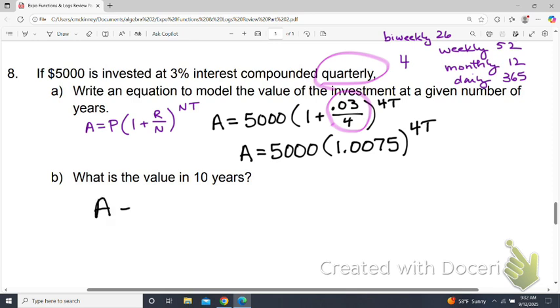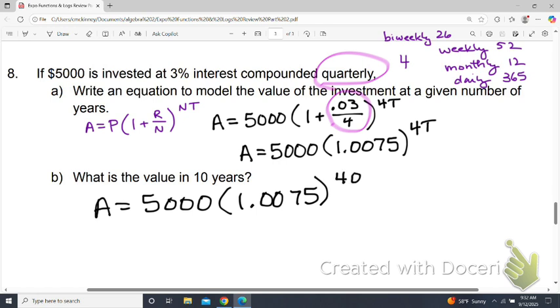So then here, 5,000, 1.0075, and then this is 4 times 10. So that came from 4 times 10. So my power is going to be 40.